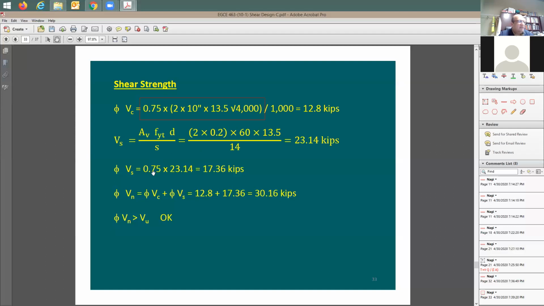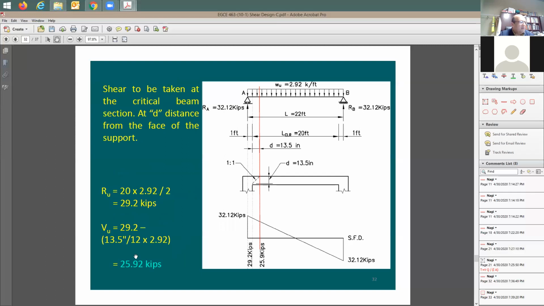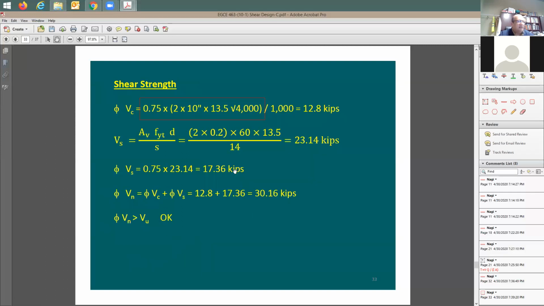I can use only 75% because the phi factor equals 0.75. So at the end of the day, I have a total of 12.8 plus 17.36 from the steel. This gives you the concrete contribution, and this gives you the steel contribution. I have a total of 30 kips, roughly. 30 kips is more than 25.92. Therefore, this beam is good when it comes to shear.